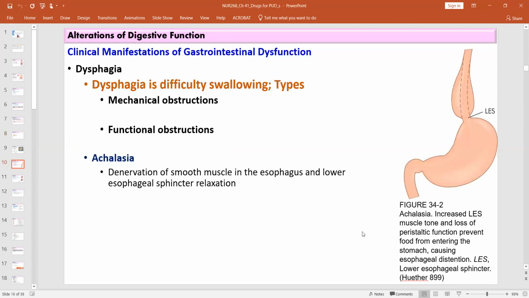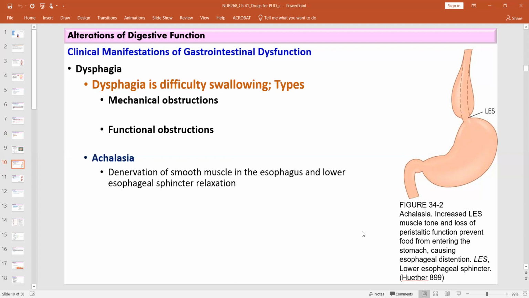And then dysphagia, which is difficulty swallowing. We have either mechanical obstruction or functional obstruction. The mechanical is obstruction of the esophagus, like when there are tumors, strictures, or herniations that mechanically obstruct the passage of food through the esophagus to the stomach.